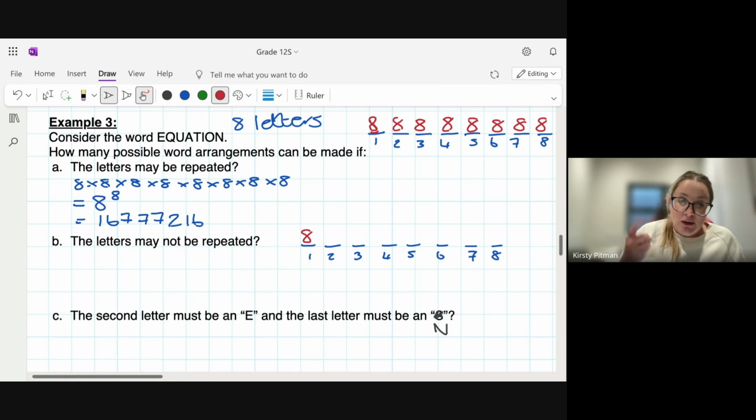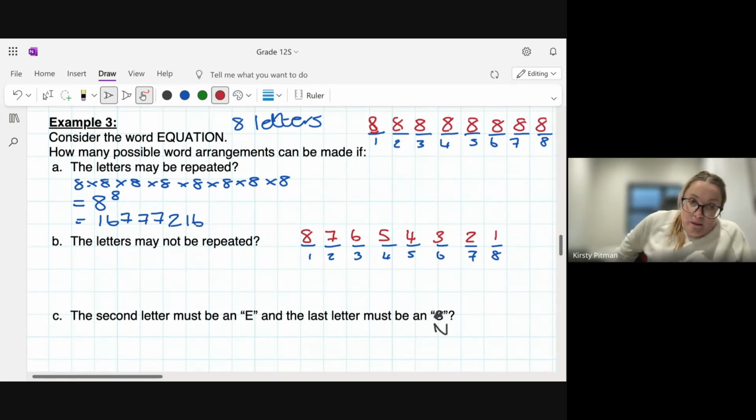In space 2, I've used one of the letters now, so I've got 7. In space 3, I've used 2 of the letters now, so I've got 6. In space 4, I've used 3 of the letters now, so I've got 5. In space 5, I've used 4 of the letters now, so I've got 4, 3, 2, and for the last one, I only have one option because it's whatever I haven't used last. So that's one possible way to do it.